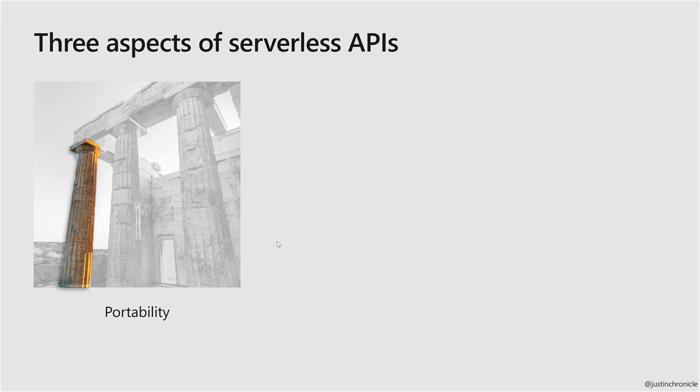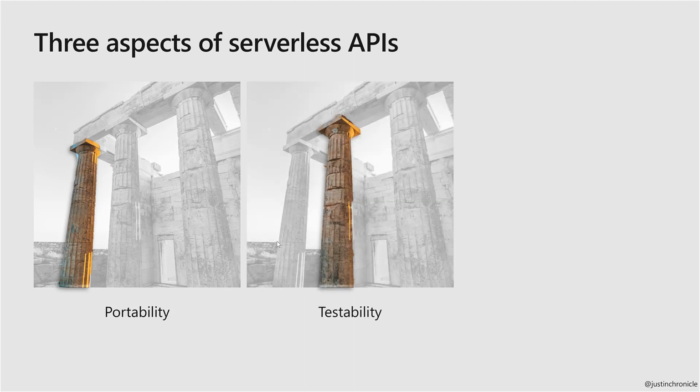So portability means the Azure Functions runtime can be deployed or run in any circumstances, not just on Azure, but on other cloud service providers as well. The second one is testability, which means before deploying the application, we should be able to test within an isolated environment, by doing a lot of dependency management.